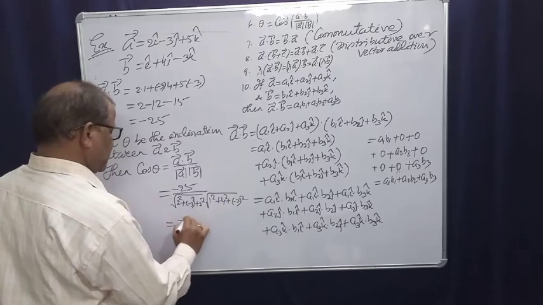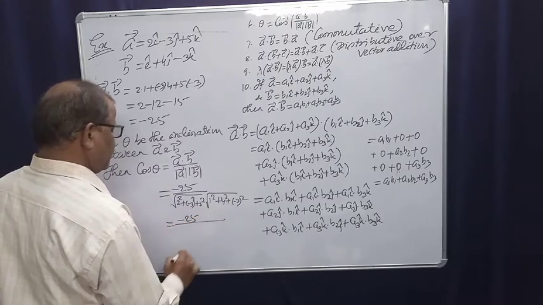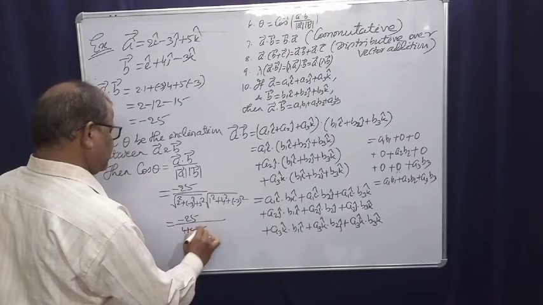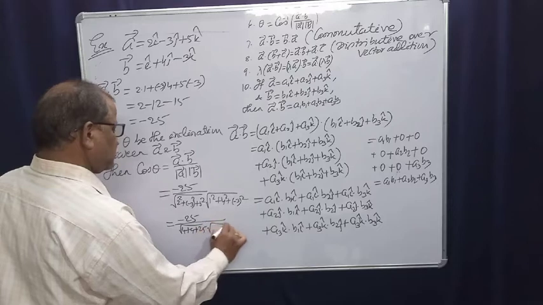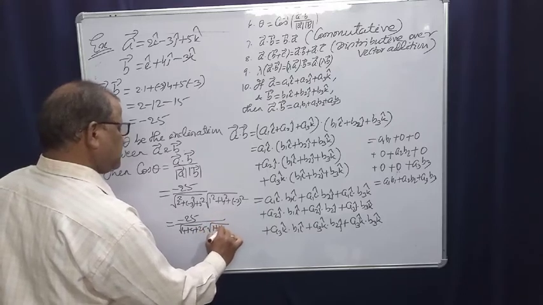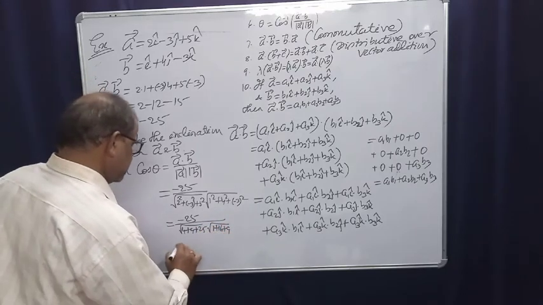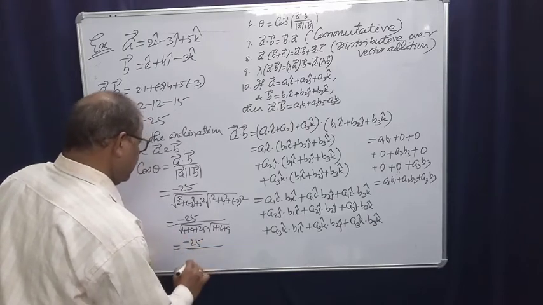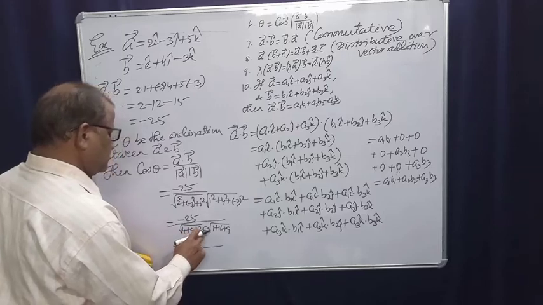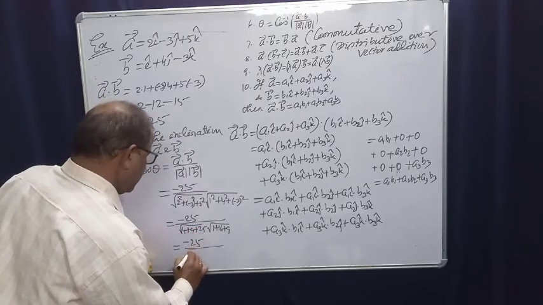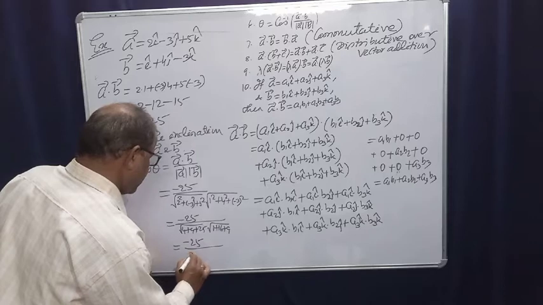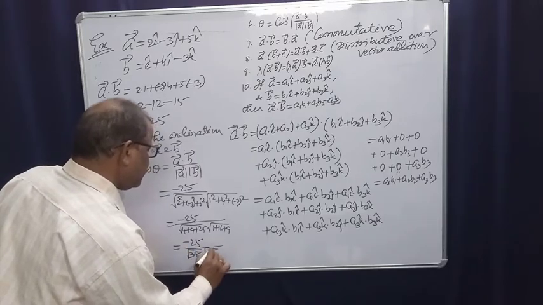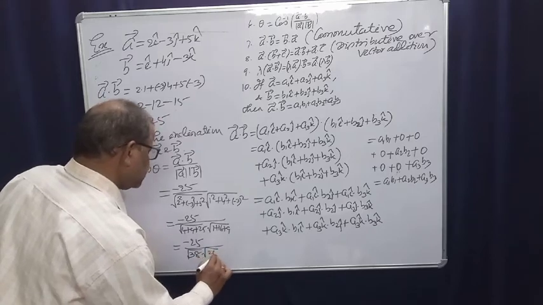So this is minus 25 by square root of 4 plus 9 plus 25, into square root of 1 plus 16 plus 9. So it is minus 25 by square root of 38 into square root of 26.